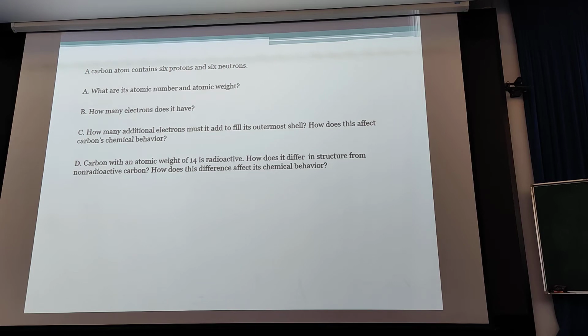Other questions. Carbon with atomic weight 14 is radioactive.